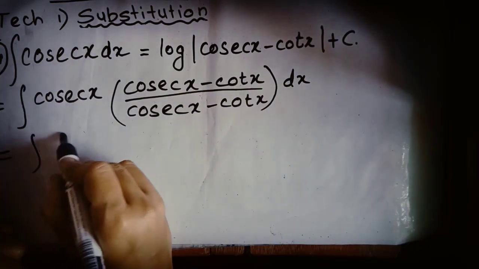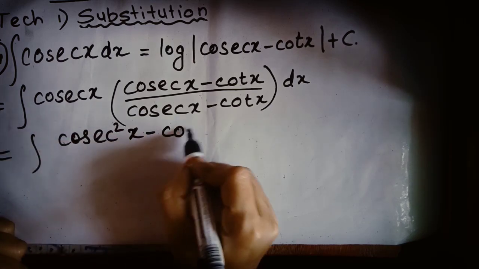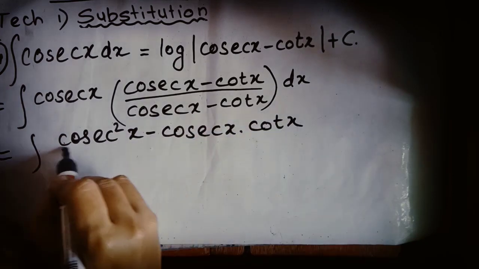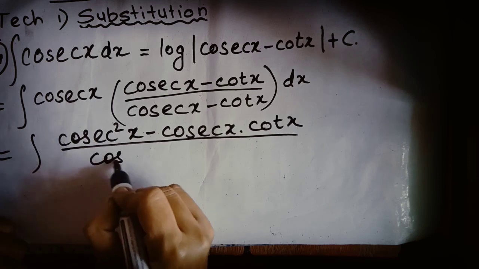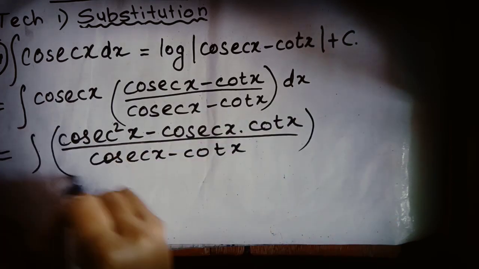Now take this cosec of x inside, so this will be cosec square x minus cosec of x into cot of x upon cosec of x minus cot of x.